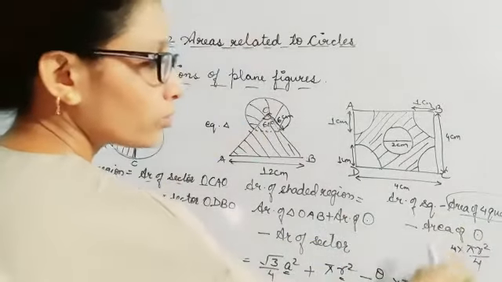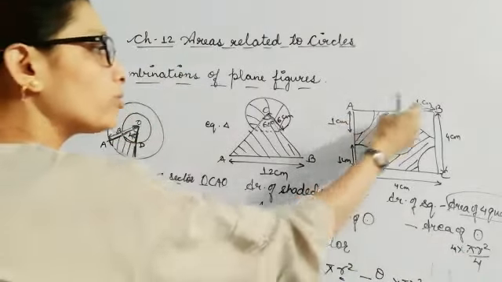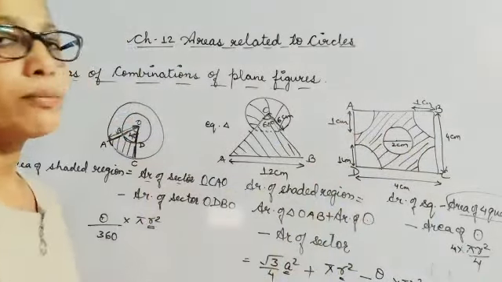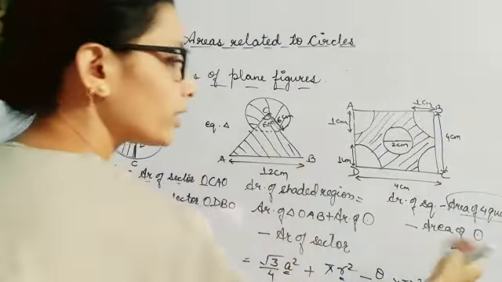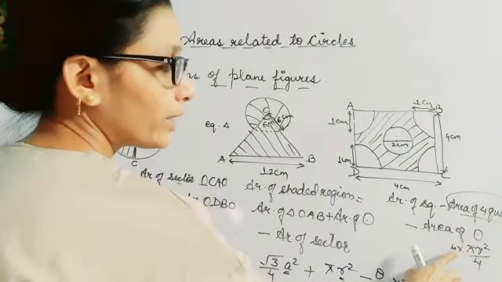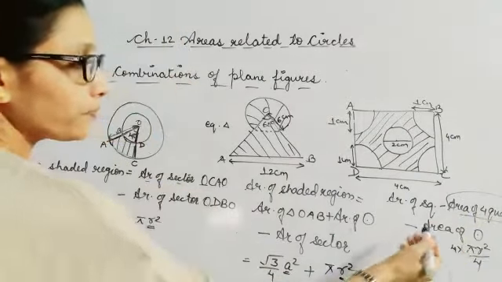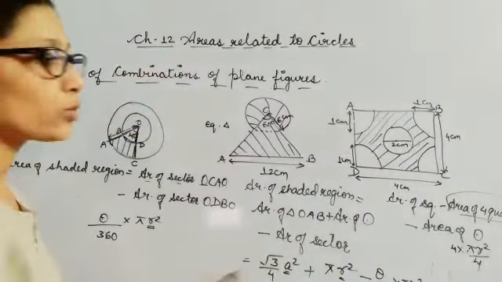Or if you get to know that after combining, these 4 will become a circle, then you can directly apply area of 4 quadrants as pi r square. Then there is the circle whose diameter is given to you as 2 centimeter.